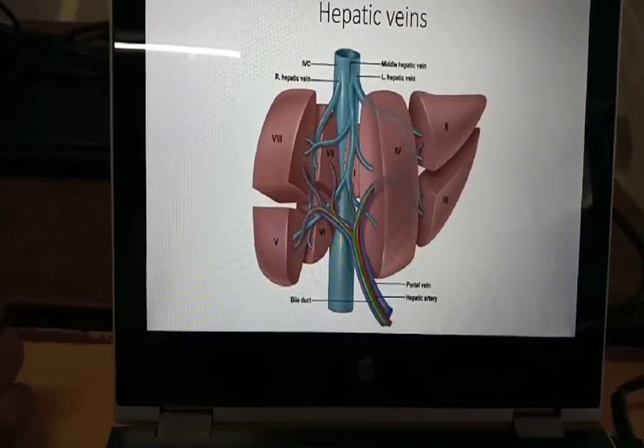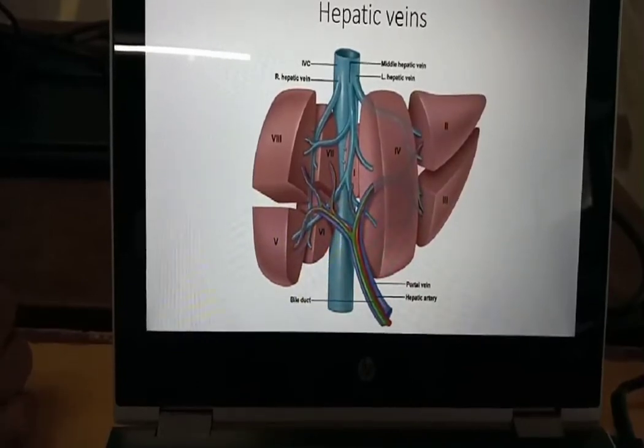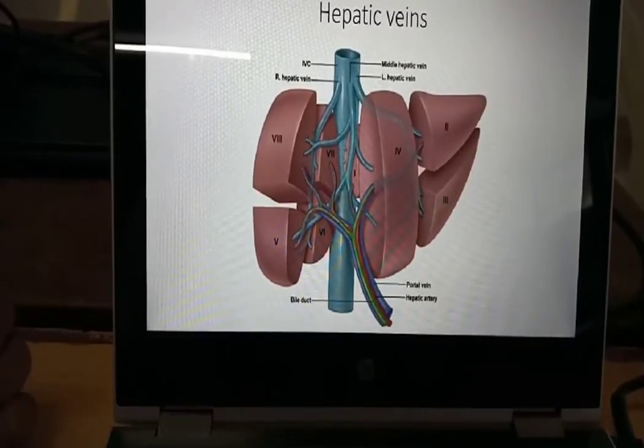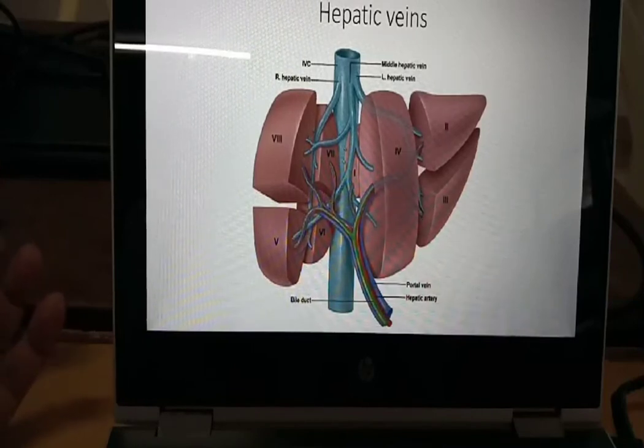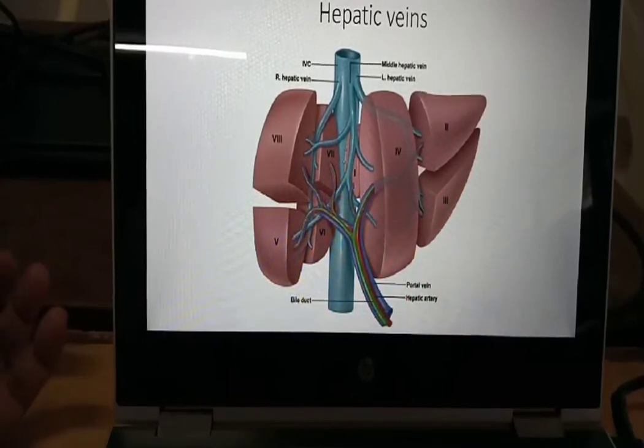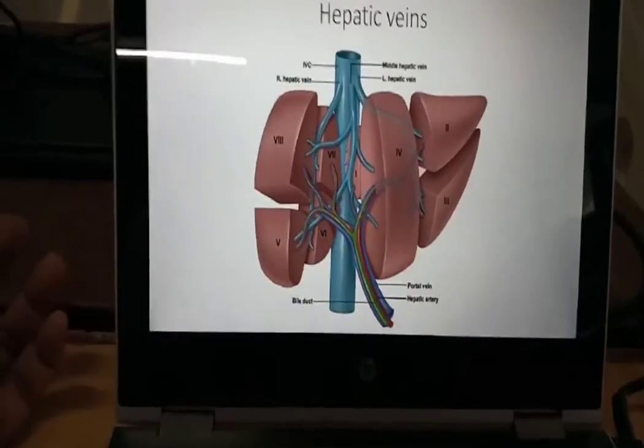Here is a detailed anatomy of how the liver is divided. The liver is divided into 8 segments, and all these segments drain into the hepatic veins, which will drain into the inferior vena cava.